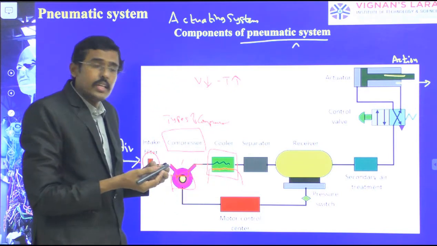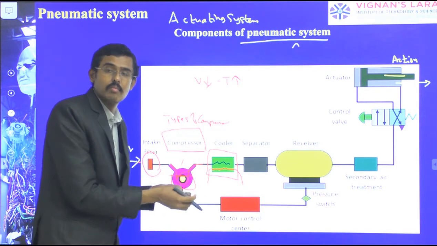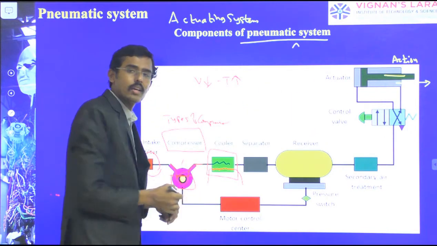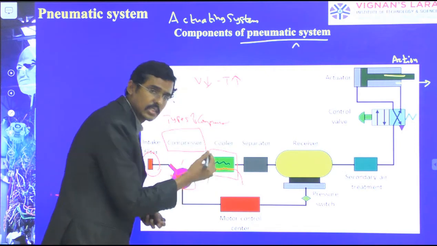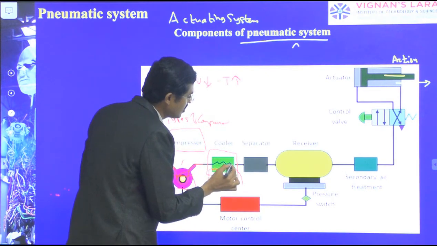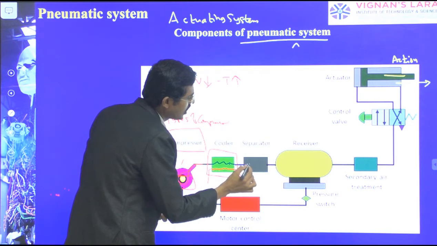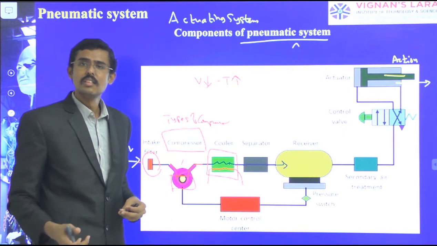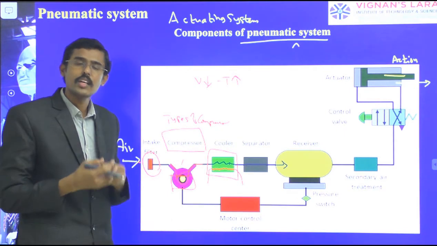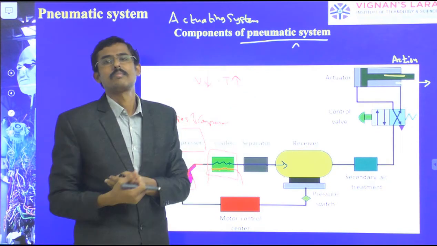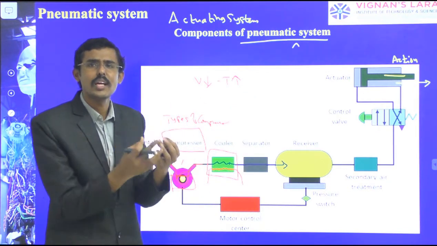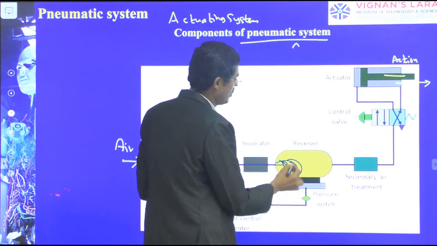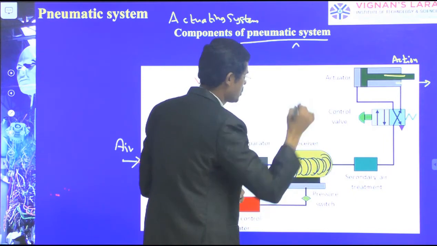It is already compressed, but the temperature has to be taken out before the air goes to the operations. So we keep a cooler heat exchanger, the heat is transferred there, and the remaining normal air comes again to the reservoir. The separator divides the further recycling of hot air. So what is the reservoir? It is nothing but a storage tank where the compressed air comes and is stored.